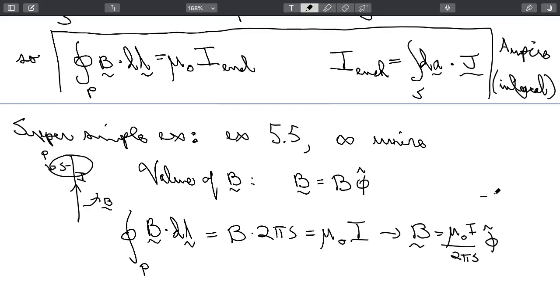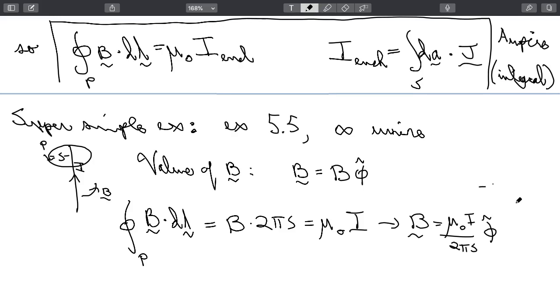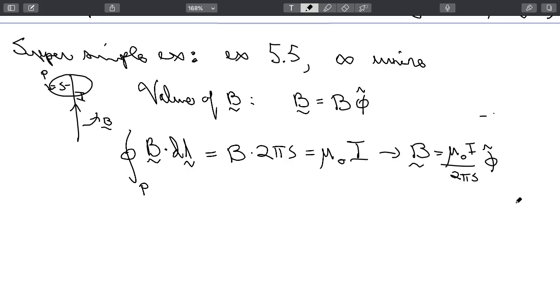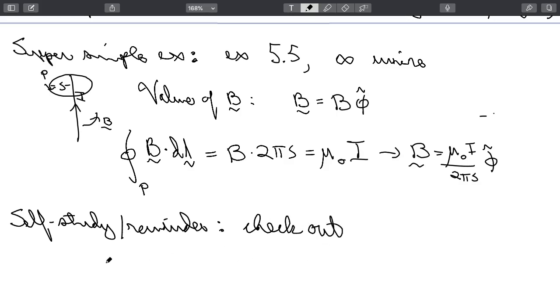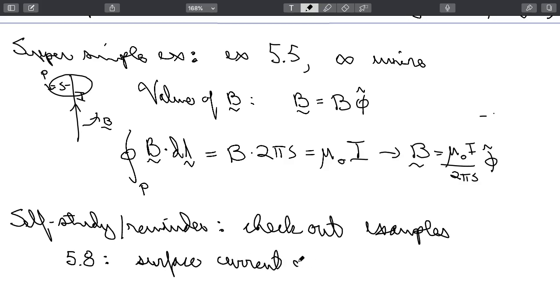So Biot-Savart is the super robust, always valid version of this, but Ampere is just a nifty trick to do it very easily. Now, for self-study or as reminders of things that you've already calculated, check out the examples. There's example 5.8, which is of a surface current on an infinite plane.